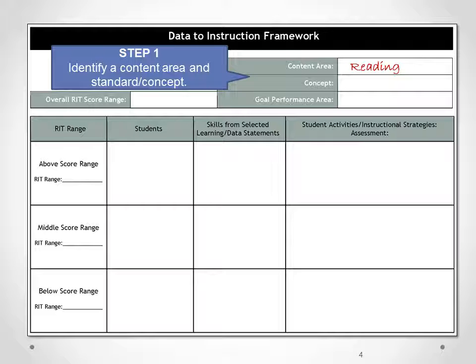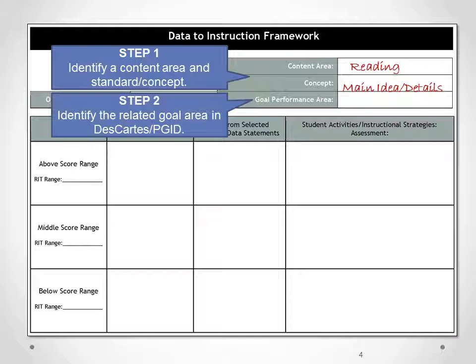The selected goal performance area is informative and persuasive text. The concept or skill is the main idea, important details.